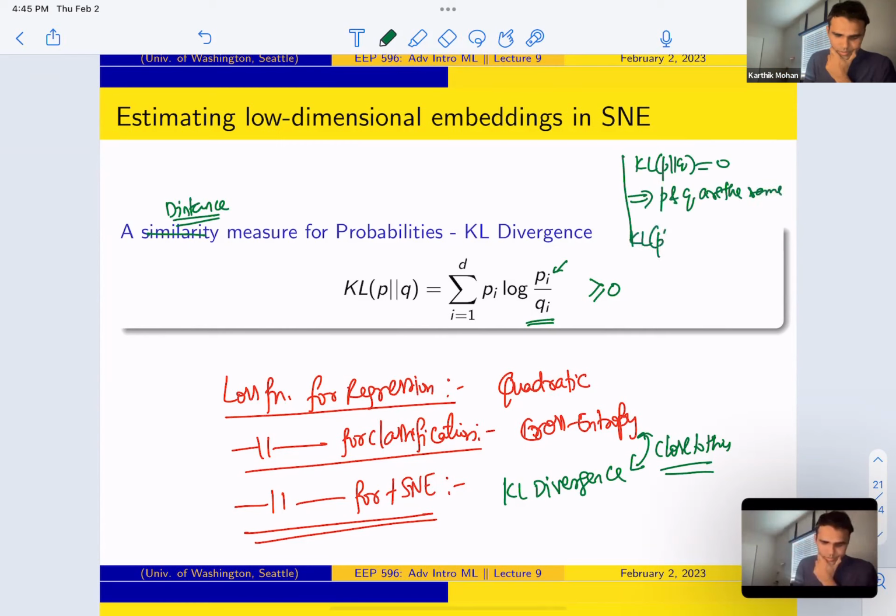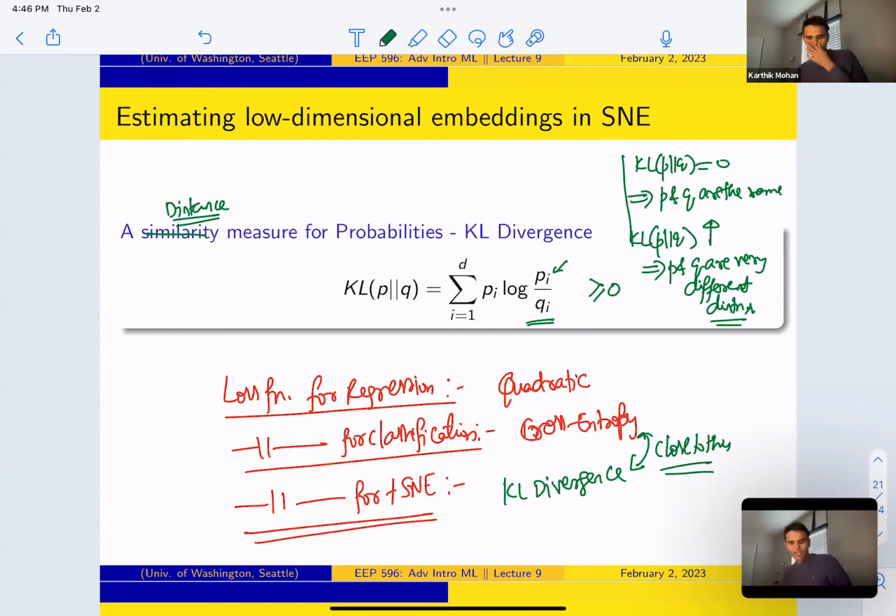So if KL(P||Q) is large, this implies P and Q are very different. So we have a distance, and we would like P and Q to be the same. So that makes KL a nice candidate for a loss function. Because when you minimize KL, you're trying to bring P and Q to be close to each other. Right? So the P and Q distribution to be close to each other. So t-SNE uses the KL divergence as a loss function.